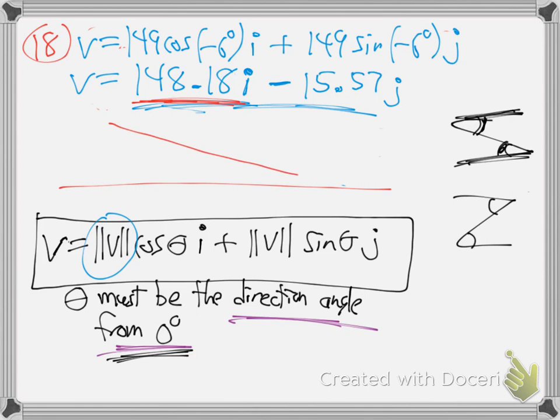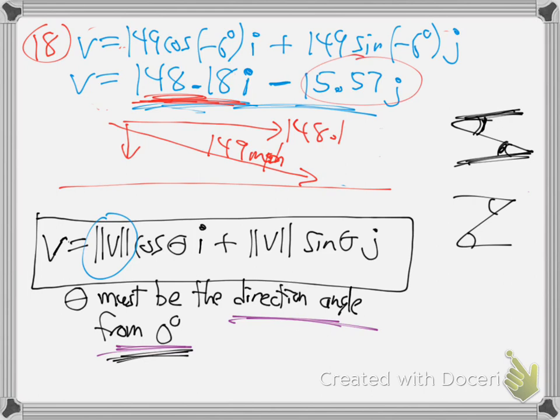When that plane is flying down at 149 miles per hour, down at 6 degrees, that means it's actually going sideways at this number, 148.1 miles per hour, and downwards, straight down, it actually has a downward velocity of 15.57. That's the j. Does that make sense? That's how fast it's coming down and how fast it's going sideways. That's what we've done.